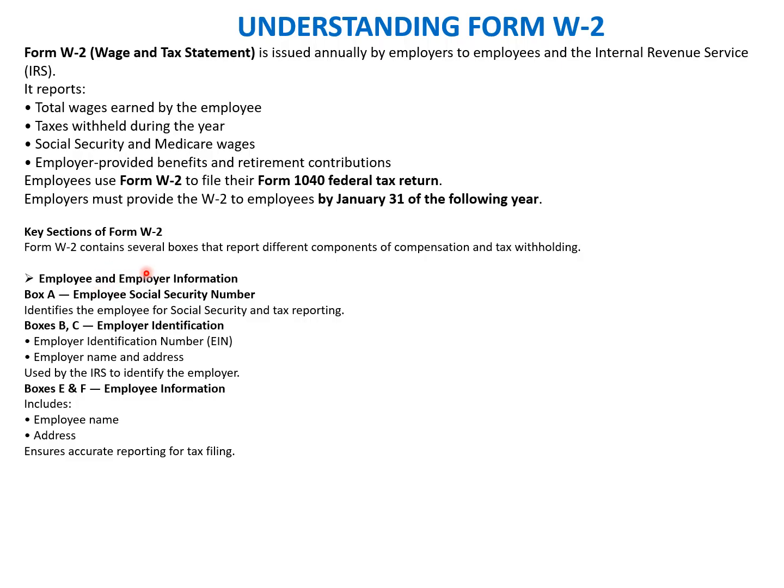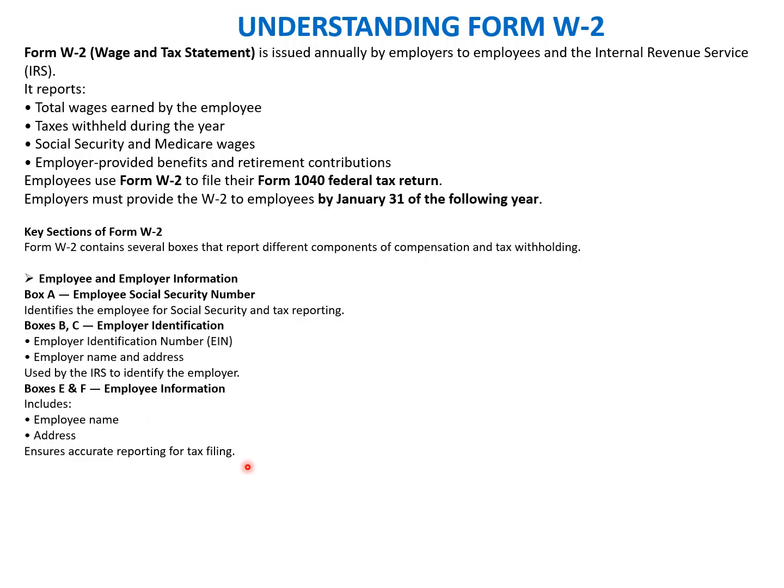So the key section of the W-2 form: the first section speaks about the employee and the employer information, which is like box A, wherein the employee's Social Security number is there to identify the employee for Social Security and tax reporting. Boxes B and C, employer identification number, employer name and address, used by the IRS to identify the employer. Boxes E and F, employee's information, includes the employee name and address.